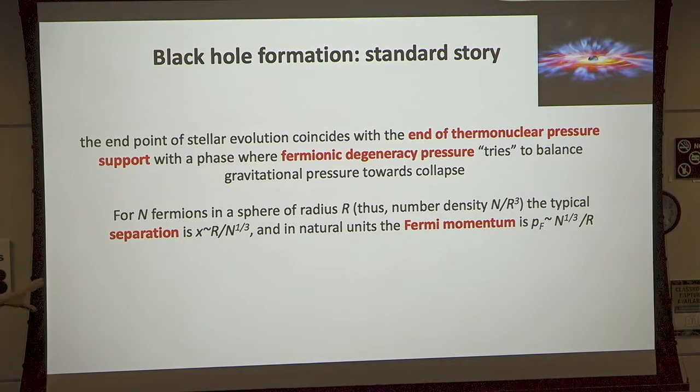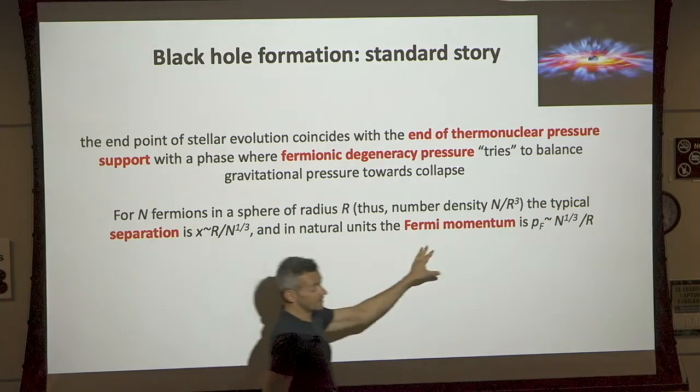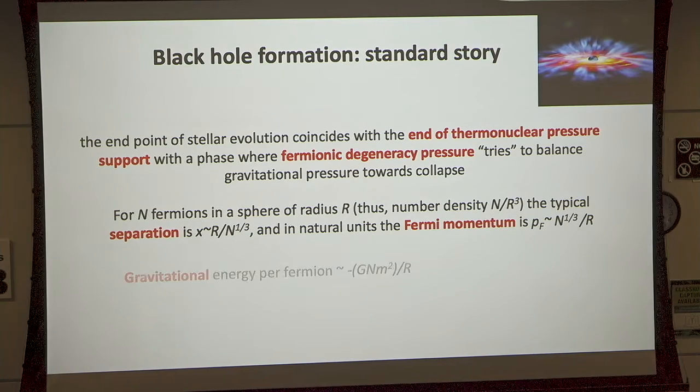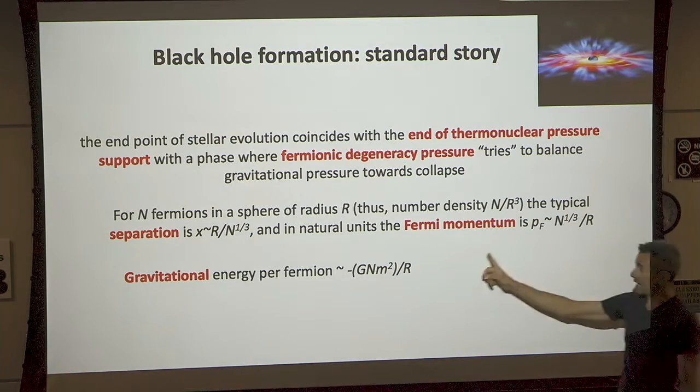And so in natural units, the Fermi momentum is Planck's constant divided by that separation, right? Delta x, delta p, order 1, which means that the typical momentum, the Fermi momentum, is the inverse of the separation.